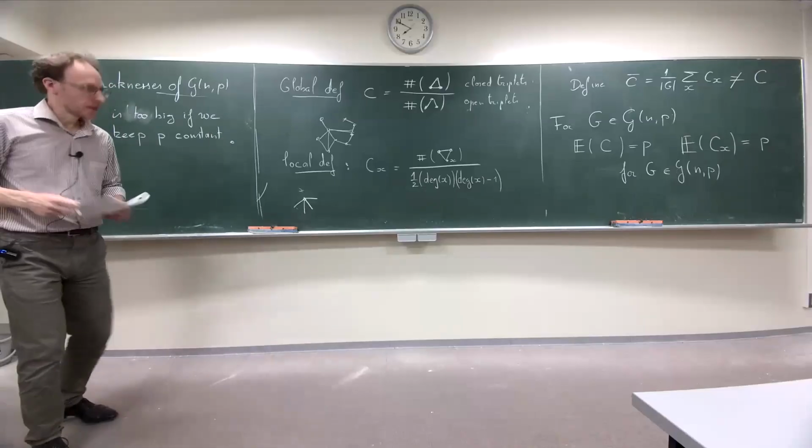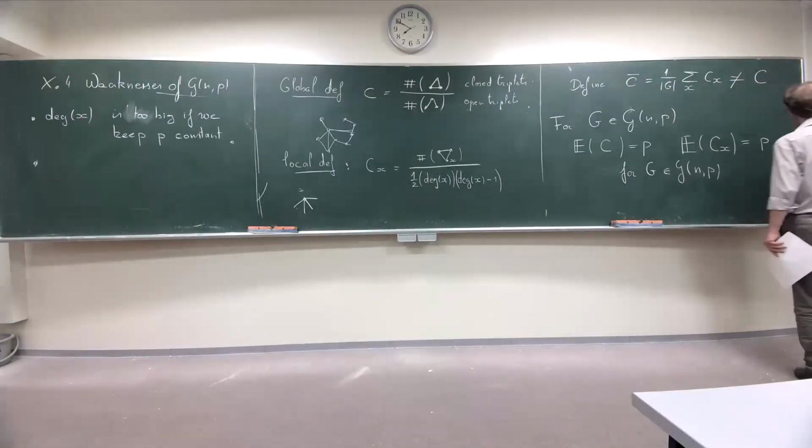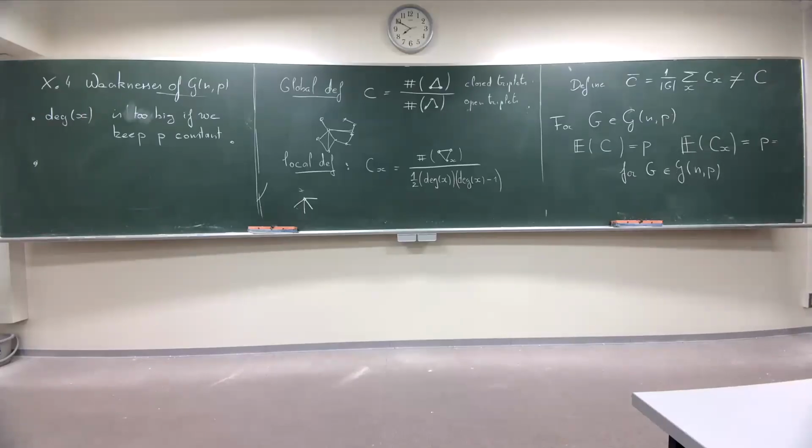But this is one weakness of this graph. Now, what happens if I rescale? Remember the relation between P and N: P was C over N minus 1.